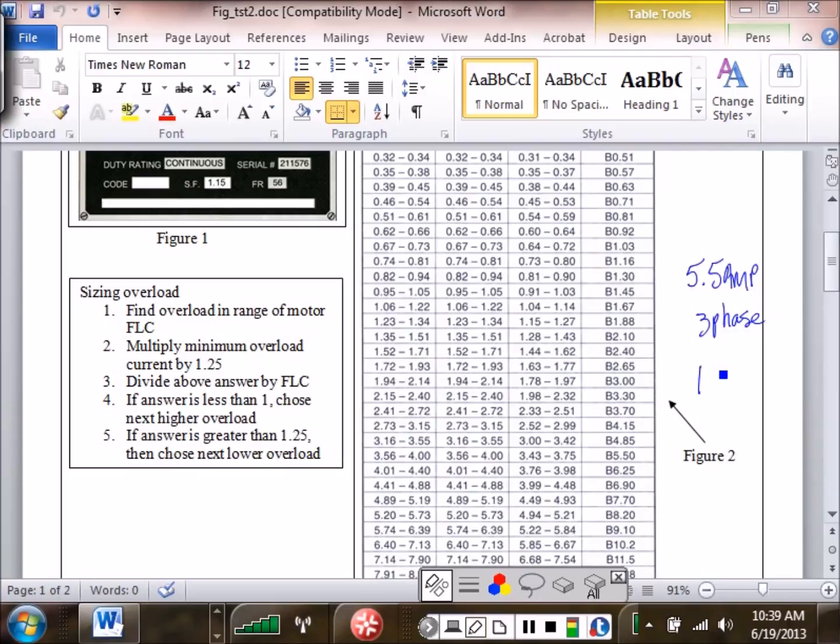If the service factor is 1, then we're going to multiply the full load current times 0.9. If the service factor is greater than 1, then we don't do anything. Of course, what we're going to deal with is service factor greater.